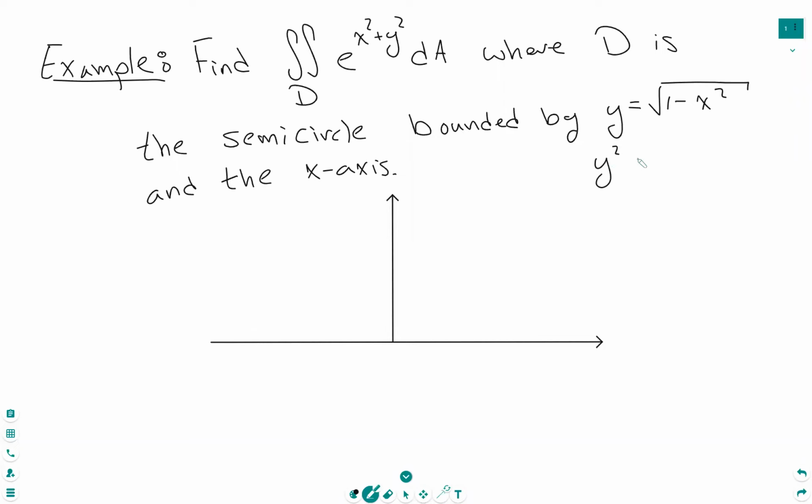This is y squared is equal to 1 minus x squared, or this is y squared plus x squared is equal to 1. Right? So there's that, the circle of radius 1. But because we have it in this form, this only is the top of the circle, right? Because when we take the square root of this y squared, we get plus or minus, and we don't have the minus here. This is just the plus. So this is the top of the circle.